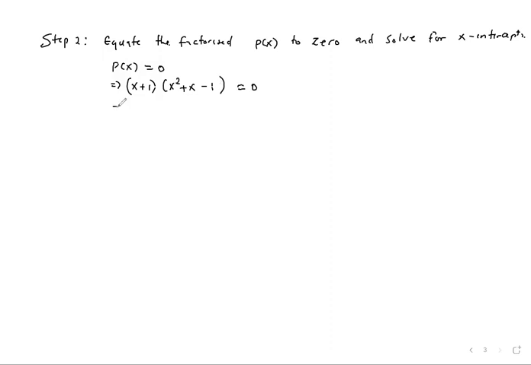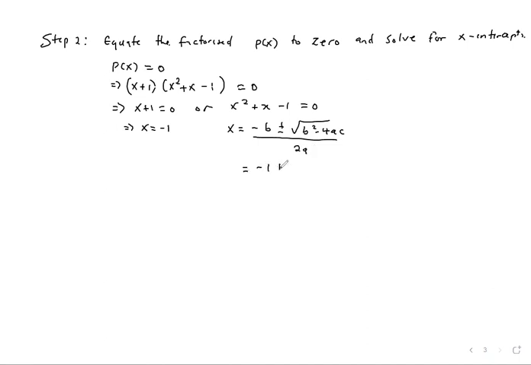And then we get x plus 1 is equal to 0, or x squared plus x minus 1 is equal to 0. The first one, x is equal to -1. The second one, x is equal to negative b plus or minus the root of b squared minus 4ac over 2a.